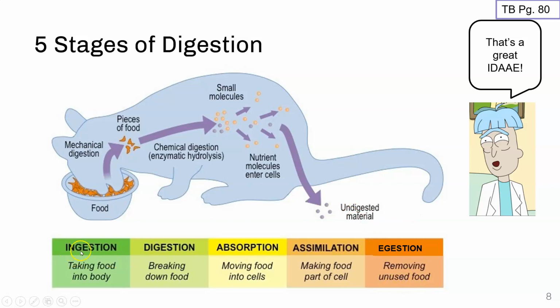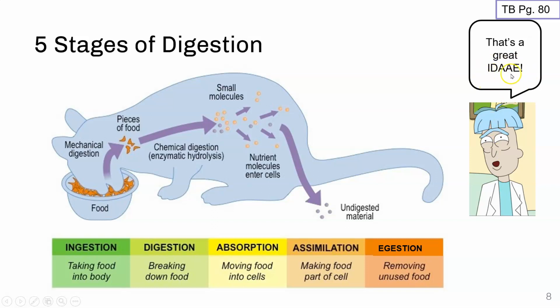Now, how do you remember these 5 keywords? Ingestion, digestion, absorption, assimilation, egestion. How I remember it is with an acronym. I would say it's a great idea. Of course, this guy is saying it wrongly.